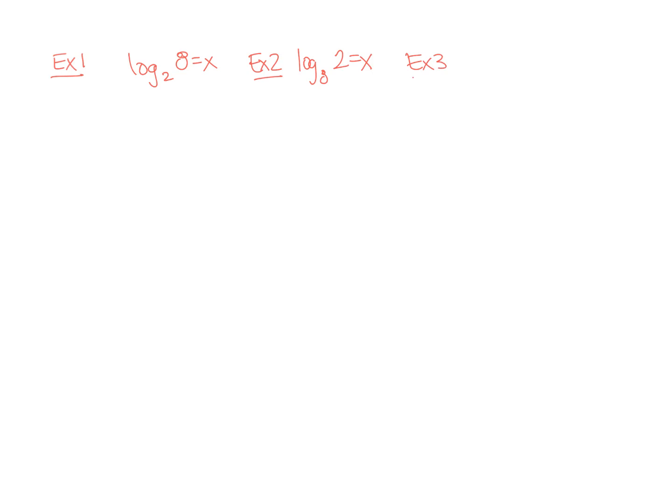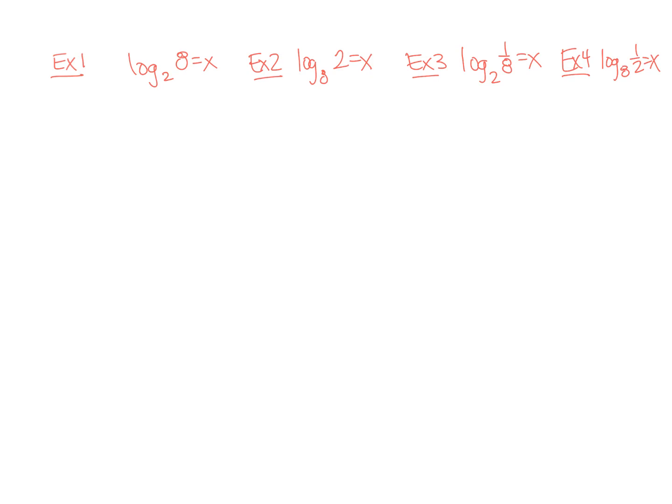Example 3, log base 2 of 1/8 equals x. You can kind of see somewhat of a pattern. And example 4, log base 8 of 1/2 equals x. I'm evaluating all these logarithms. You need to be able to do these without a calculator. I will show you some calculator hints eventually, but you need to be able to evaluate these for our no calculator quiz.